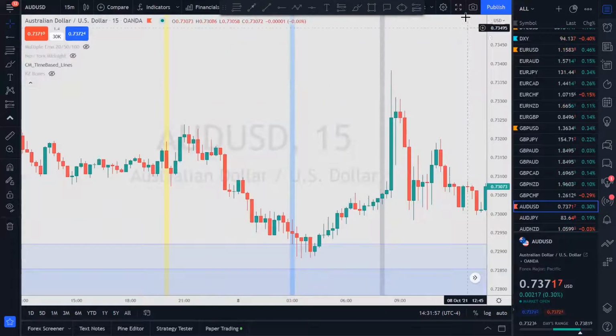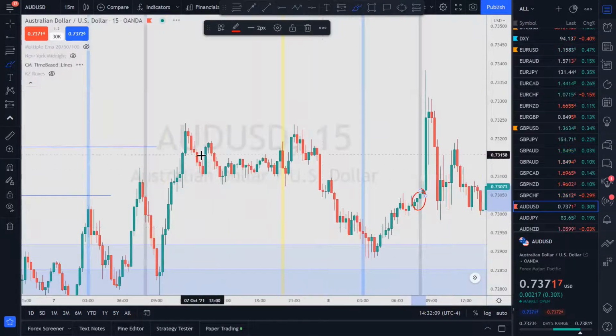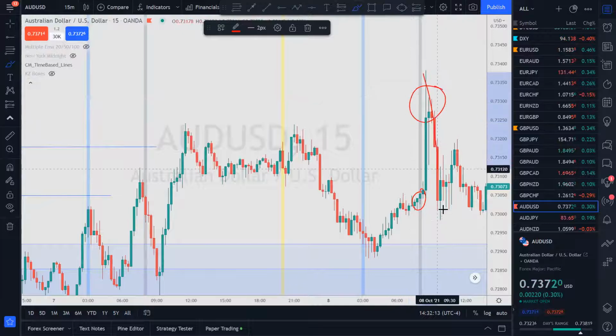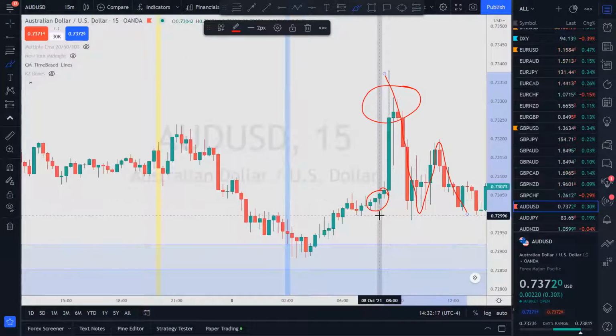All right. Now this one wasn't an easy entry here, because you're going, I wonder why. What you want to do is be patient, learn what is price trying to accomplish. Here was your entry. Here was the trade. You got to get it within the first hour.